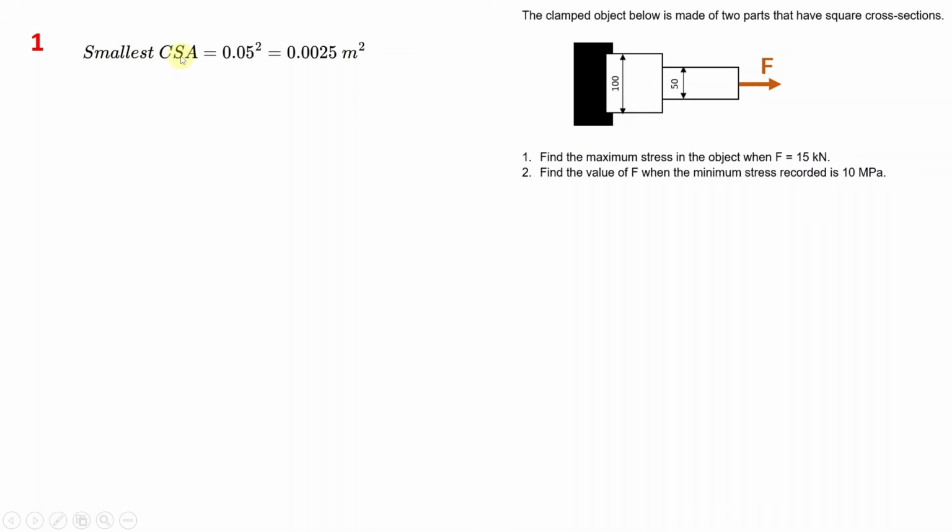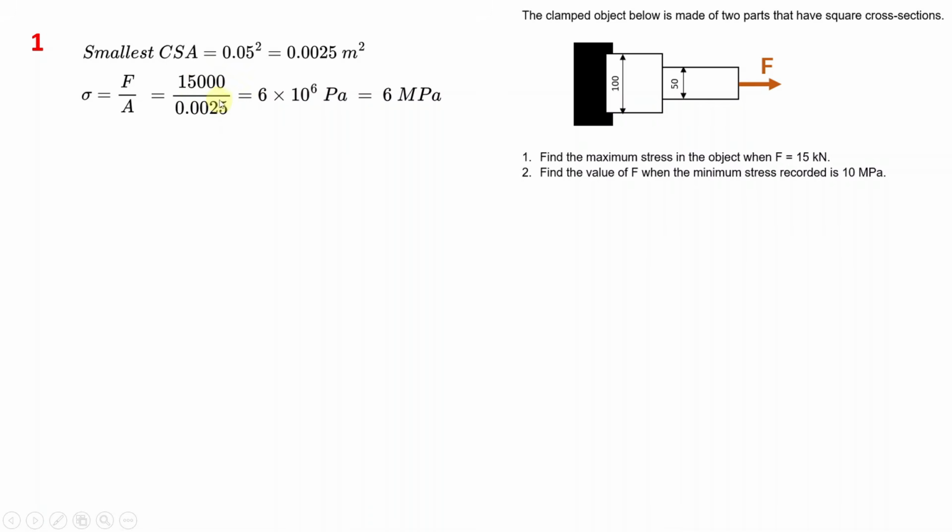Why do we need the smallest cross-section area? Because that is where you will have the maximum stress. Now, having this area, we can then use the stress equation, and we will plug in the numbers. So the force is 15 kilonewtons, and the area we just calculated is the smallest cross-section area.